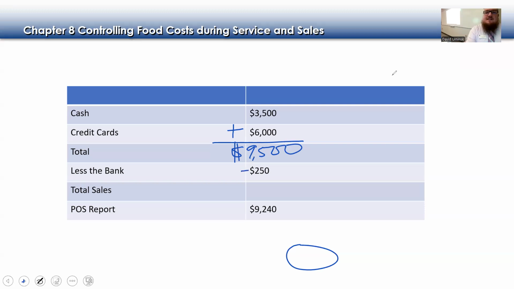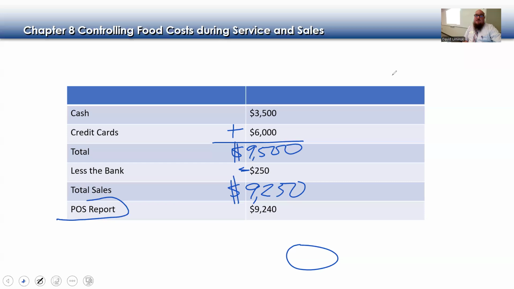I'm going to subtract the bank. So when I go to do my deposit, I should have $9,250 to go in there. Now, I go to my report.